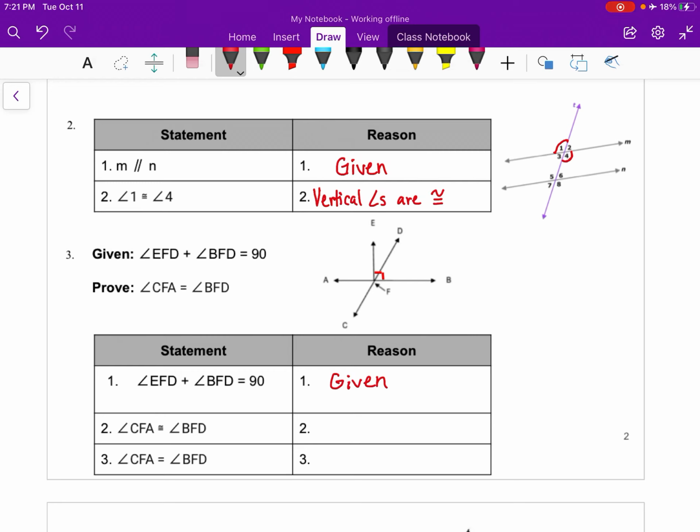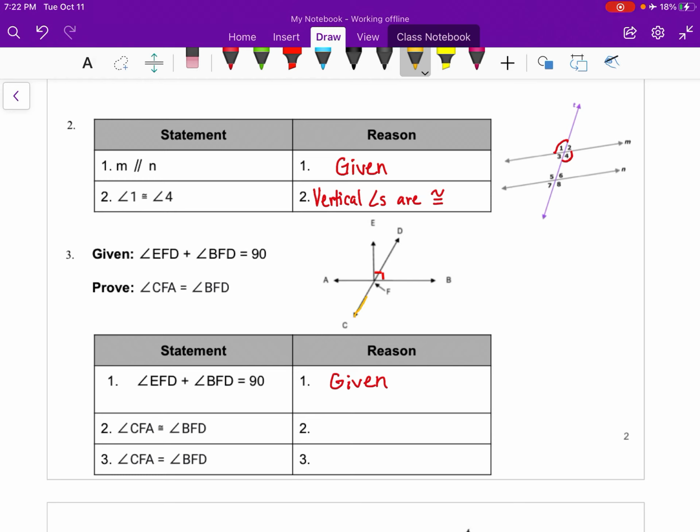However, for statement number 2, we're also going to have to figure out why angle CFA is congruent to angle BFD. To do that, we're going to use the same method that we just used in the previous problem.